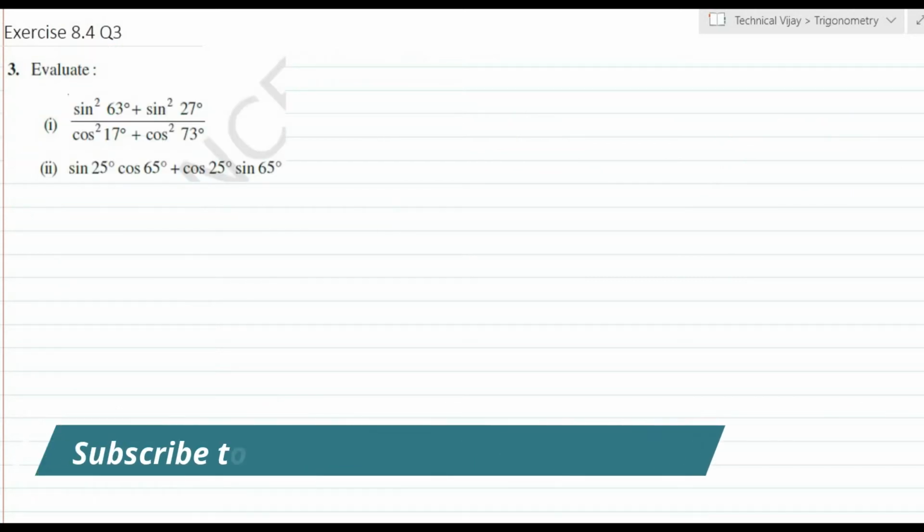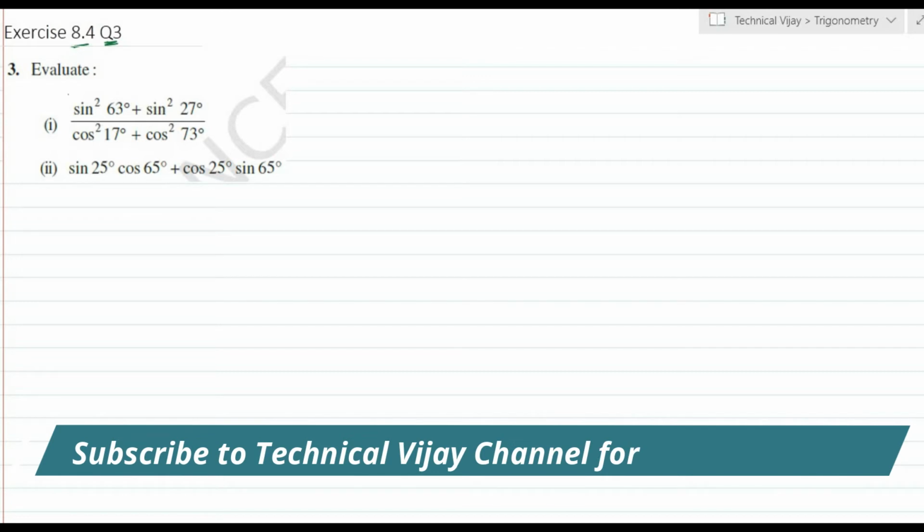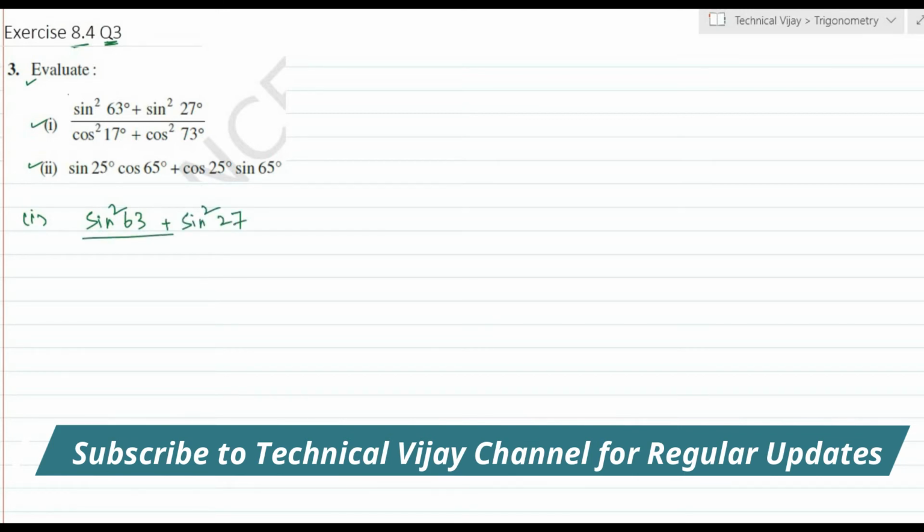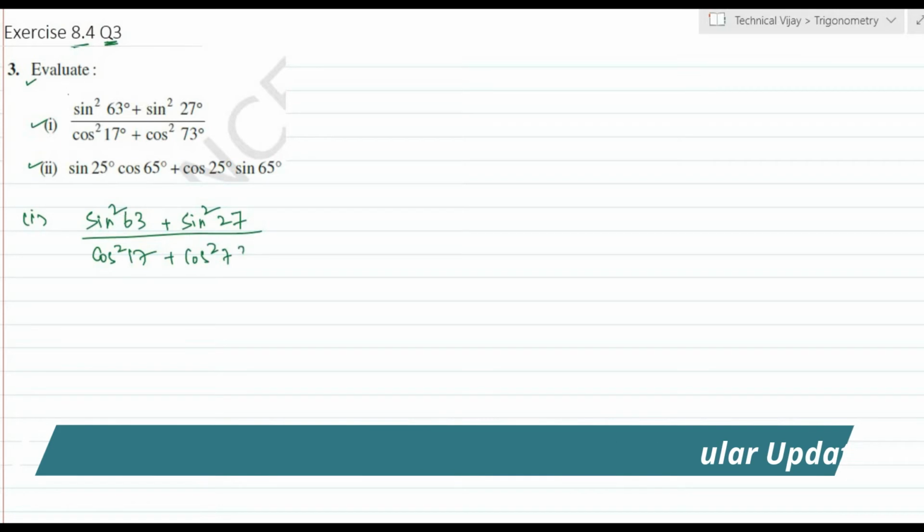So exercise 8.4, question number 3: evaluate this one and this one. First one we will consider: sin square 63 plus sin square 27, divided by cos square 17 plus cos square 73 degree.